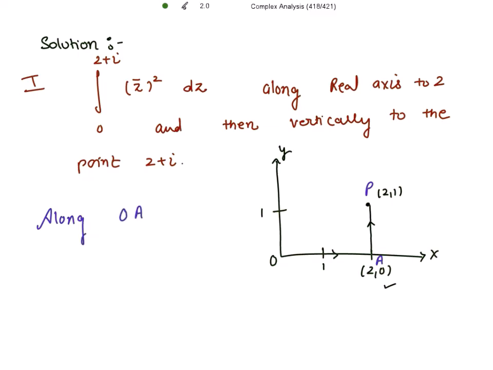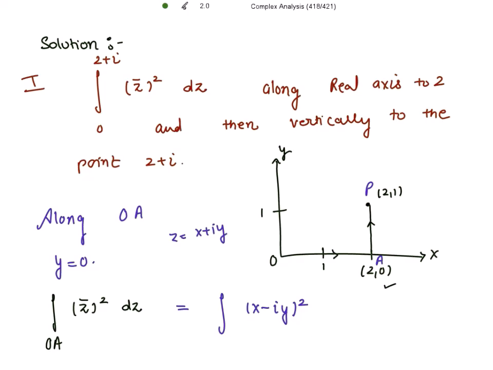Now along OA, y is 0, right? It is your real axis, y is 0. So what could be the integral? The integral along OA will become, z bar can be written as x minus iota y, because what is z? Z is x plus iota y.